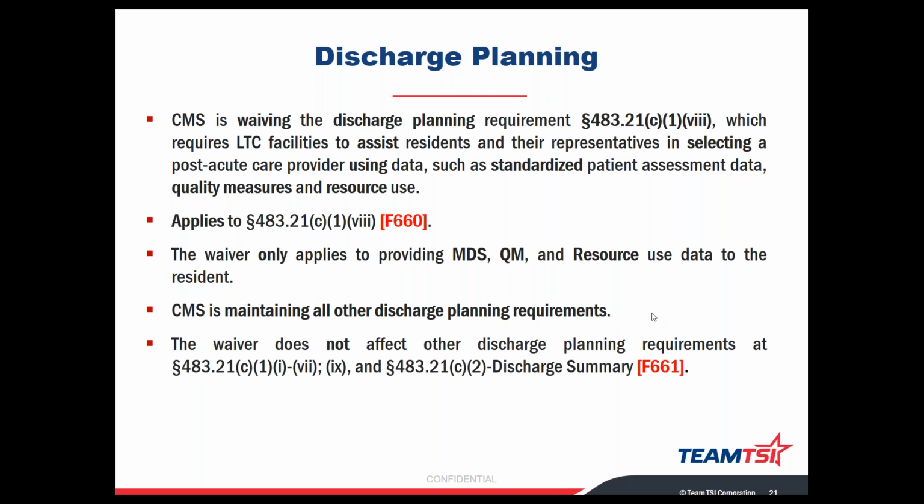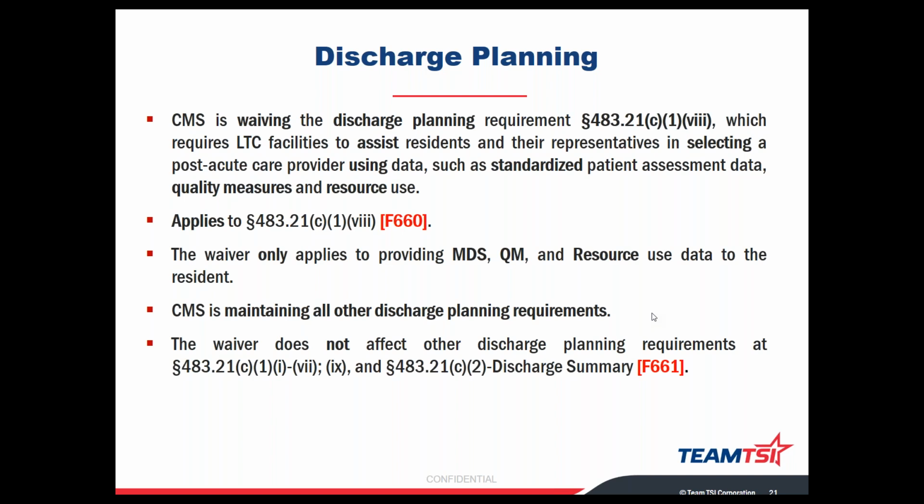I know, Pat, you have been elbow deep in discharge planning. Your thoughts? Yeah, I think the important thing to remember is that with the most recent phases of the survey process, the facility is required to provide quality measure data and resource data for that resident and a family member where they're going.